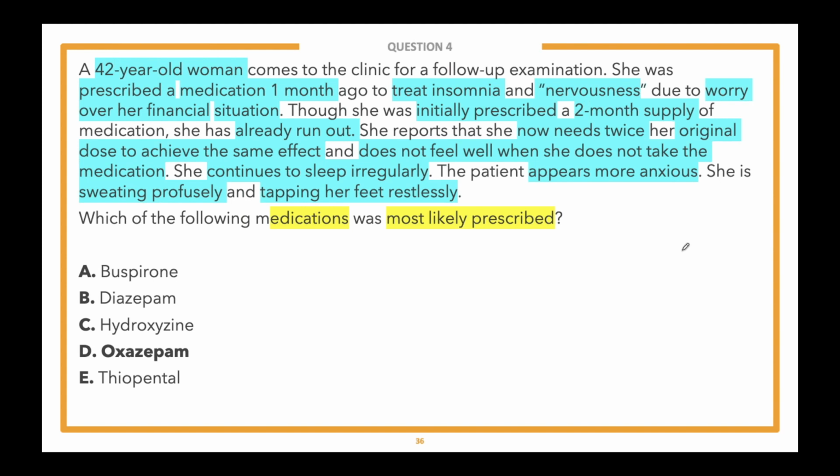And if we had to pick one, we would pick one that's shorter acting, okay? And that would be oxazepam. You're more likely to get dependence with short acting agents or those with shorter half-lives, okay? And this is one of the reasons why they're not commonly used as much for treating anxiety disorders, okay?